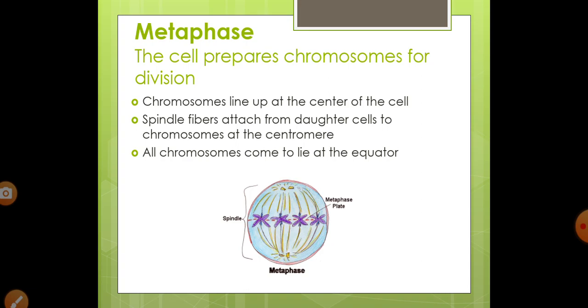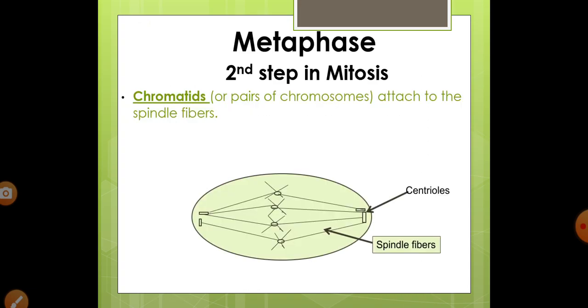This is the stage in which we can clearly study the chromosome structure, where the chromosomes are clearly visible. Chromatids attached to the spindle fiber.